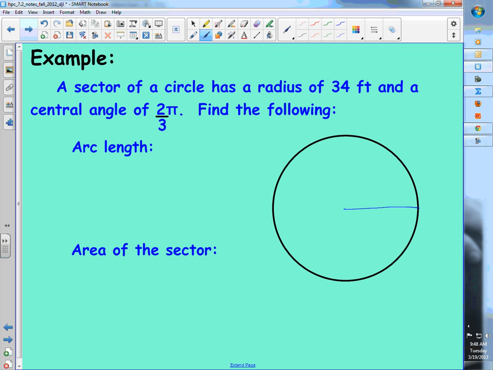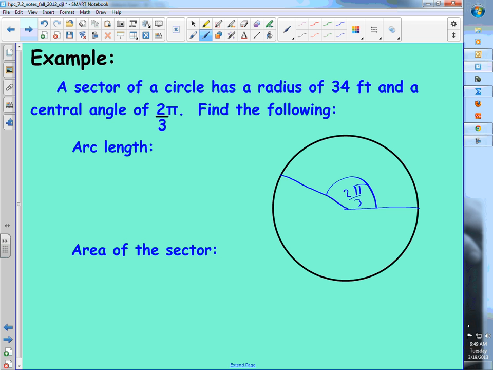Somewhere in here. Don't go to half. All you need to know is it's more than a quarter, less than a half. Anywhere in here gives you the visual that you need. 2/3 of a pi is less than pi, and pi is halfway around.